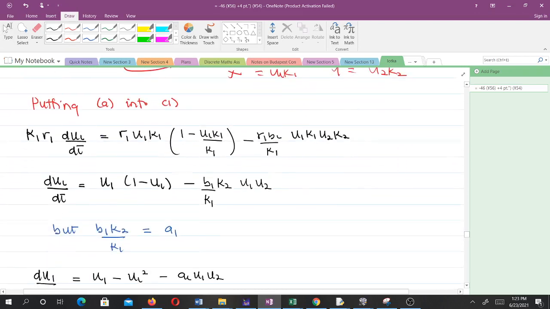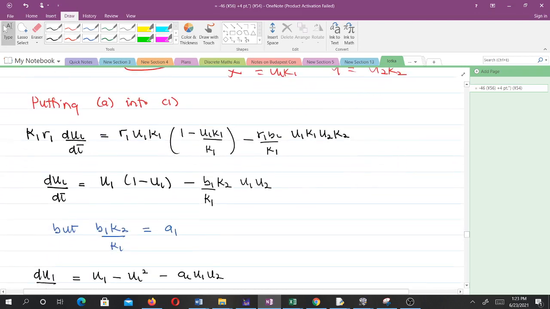So doing that, we'll get k1 r1 du1/dtau equal to r1 u1 k1 times 1 minus u1 k1 over k1, minus r1 b1 u1 k1 u2 k2.